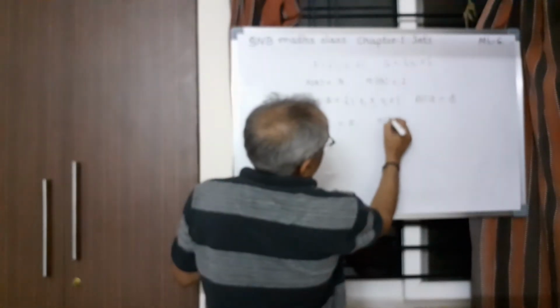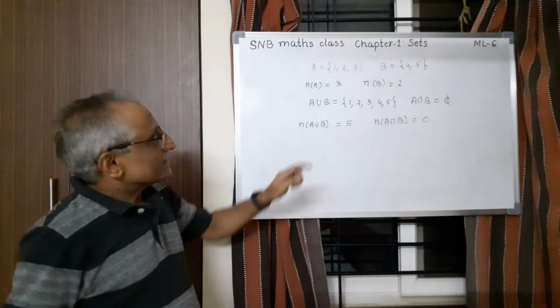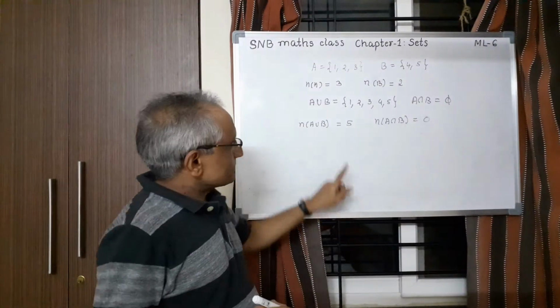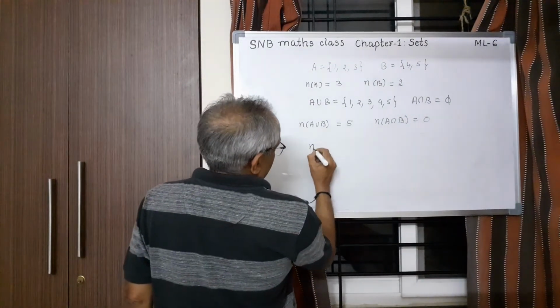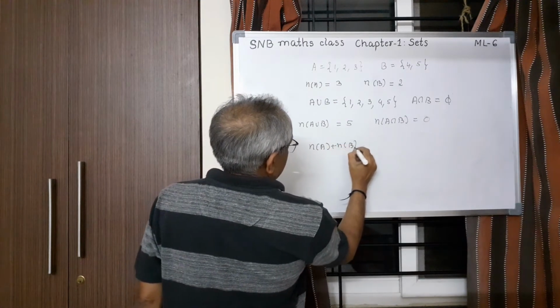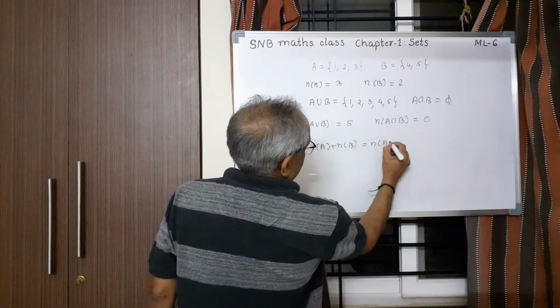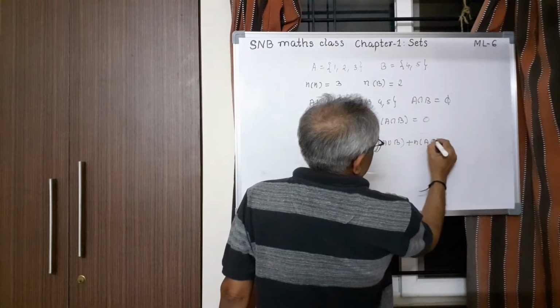And number of A intersection B, empty set, is 0. Once again check here, 3 plus 2 is 5. 5 plus 0 is 5. Therefore, the rule is, once again, number of A plus number of B is number of A union B plus number of A intersection B.